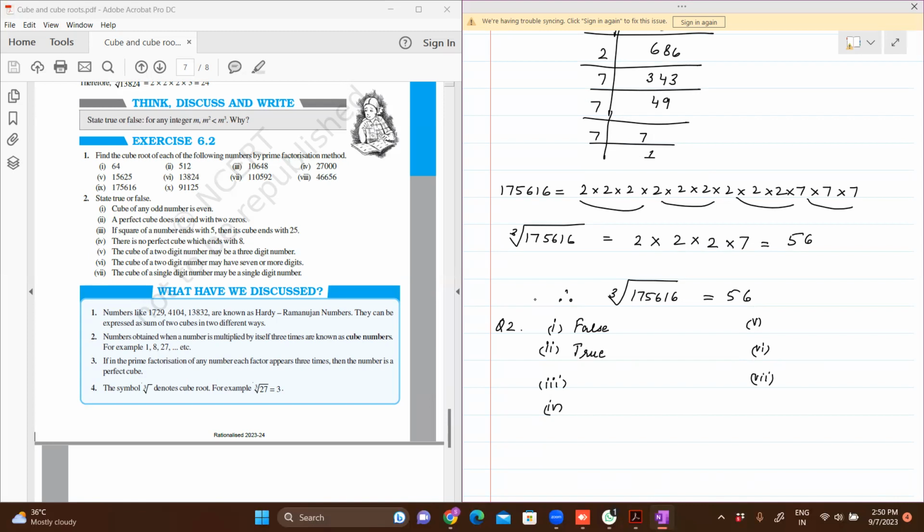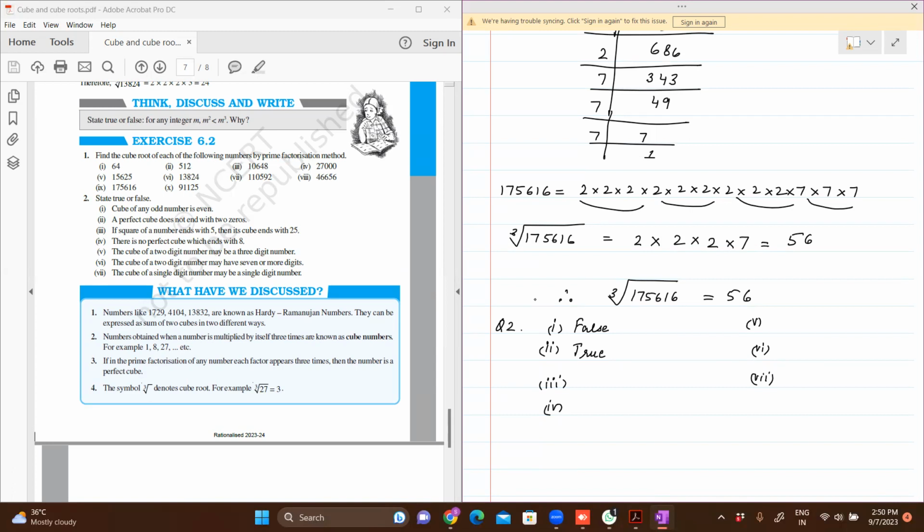Next is, if the square of a number ends with 5, then its cube ends with 25. If you find the square of a number which ends in 5, suppose 5 square, 5 square is 25. It is ending with 5. Now the cube of that number, 5 cube, is 125.